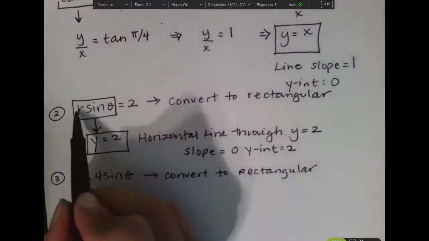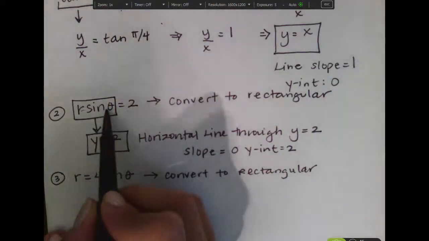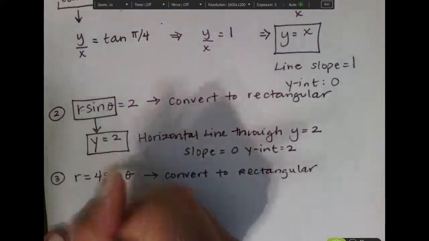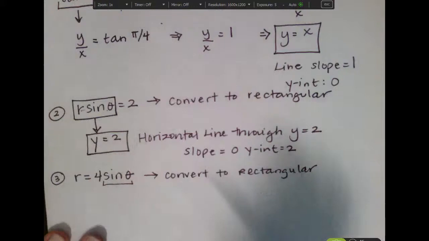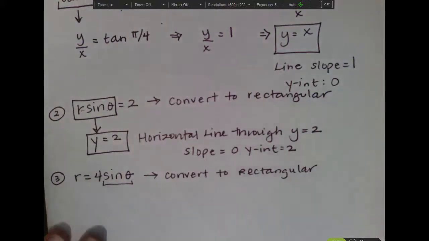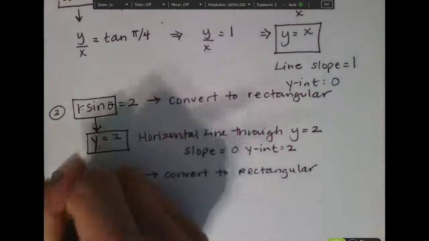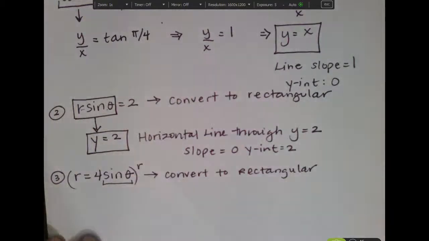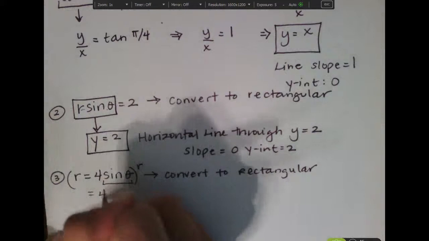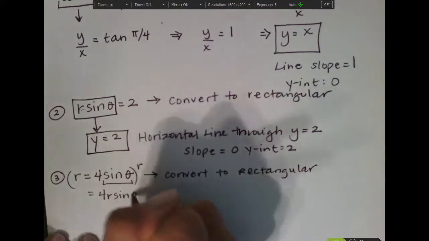Well, you can see that up here I had r times the sine of theta, which gave me y. Here I don't quite have that. I've got 4 times the sine of theta, so that's not exactly y. But if I were to multiply both sides by r, then I could get y.